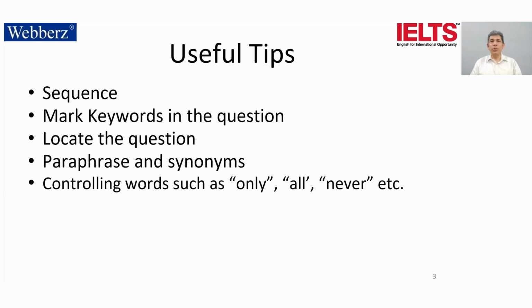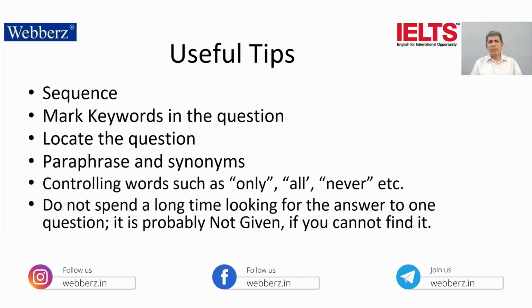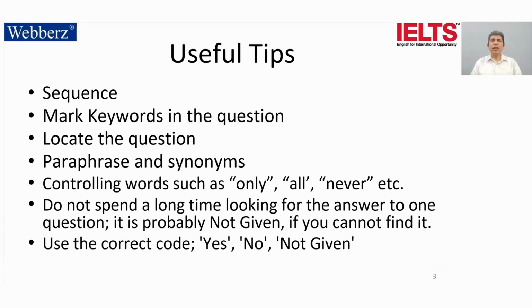There are some controlling words like only, all, never. Make sure you mark them. Do not spend too much time looking for one answer. Probably it's not given if you cannot find it. Don't worry, in case you can't find it, we'll come back to it later. Use the correct code: yes, no, or not given, or true, false, or not given. If you interchange the codes, you are going to be marked wrong.